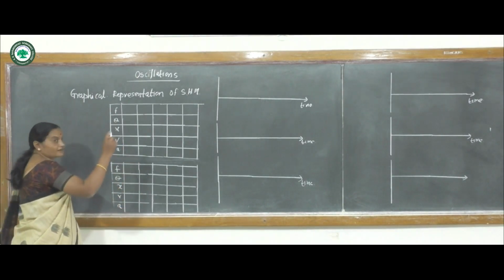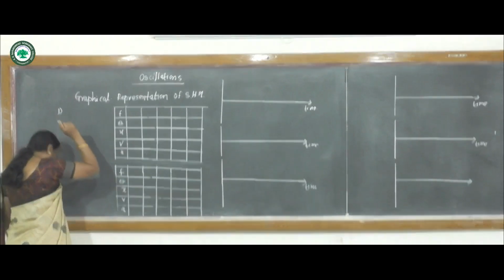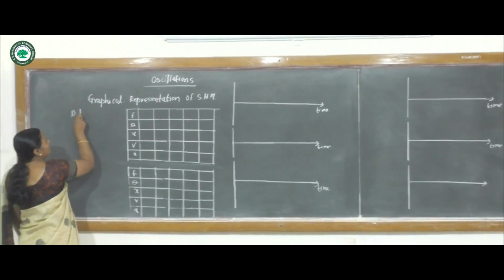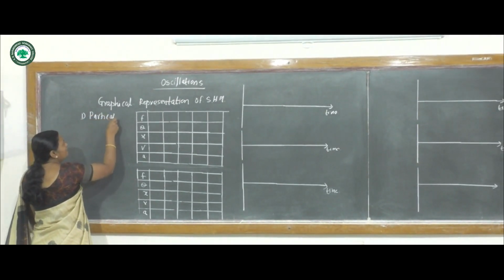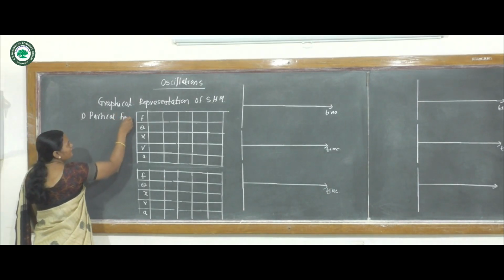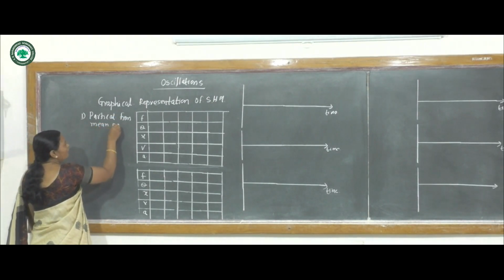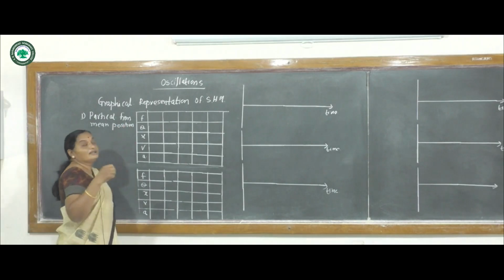Now see the displacement. Suppose we consider two cases. First, the particle starts executing SHM from mean position, that is, displacement is 0.